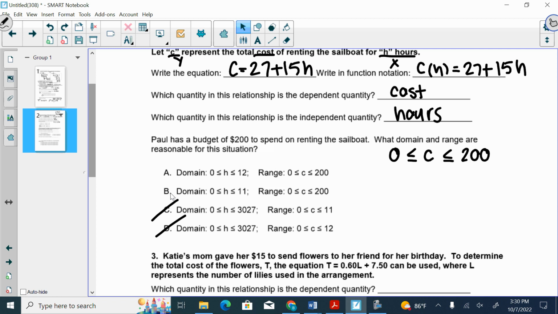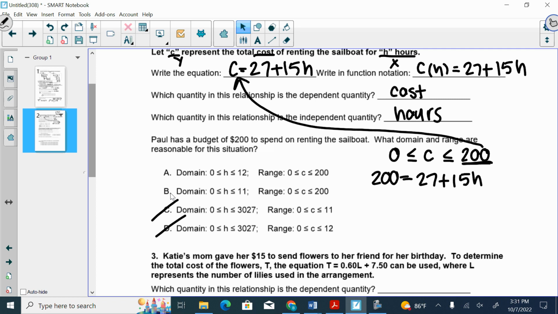If the cost is 0, we already know what that means. But if the cost is 200, I'm going to plug that in and see how many hours that would give me. So instead of C, we're going to plug in 200, because that's what we know the cost is equal to 27 plus 15H.